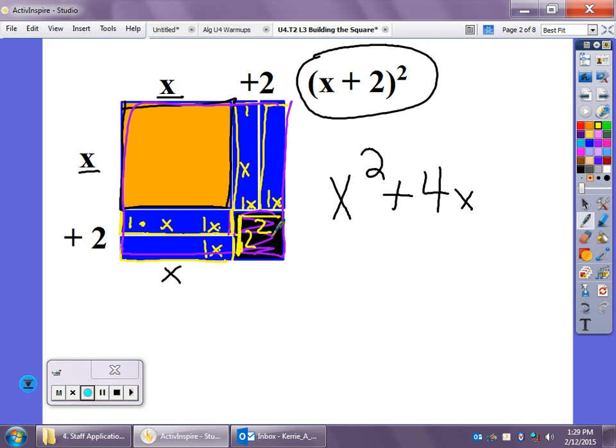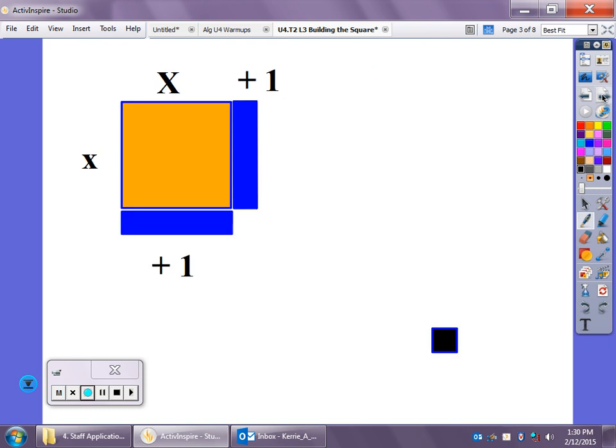This is also 2, so 2 by 2 is 4. Okay, let's look at the next one. They asked us to make a sketch of x plus 1, that quantity squared.